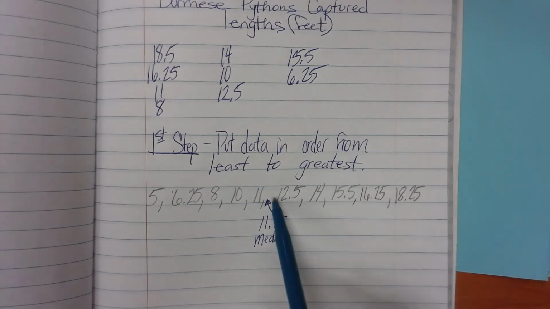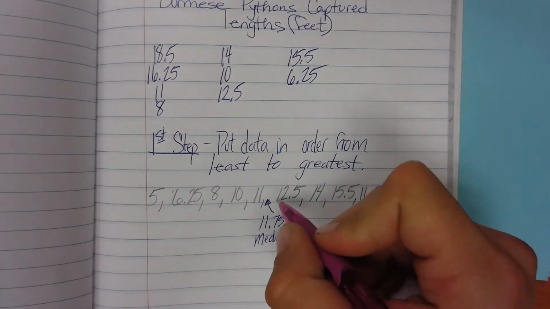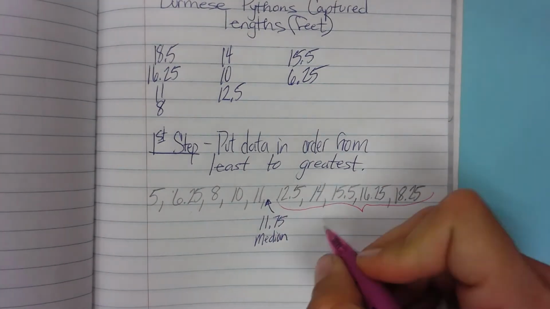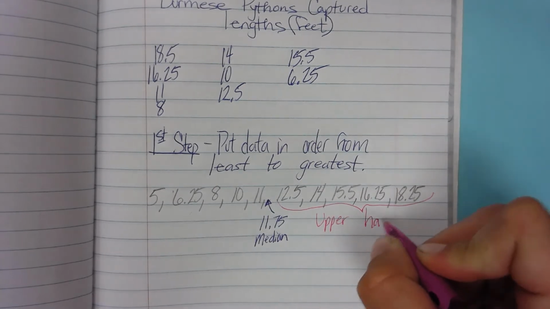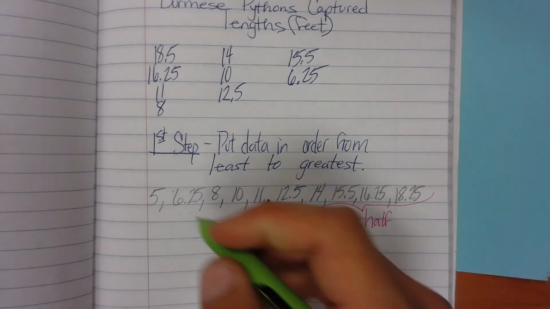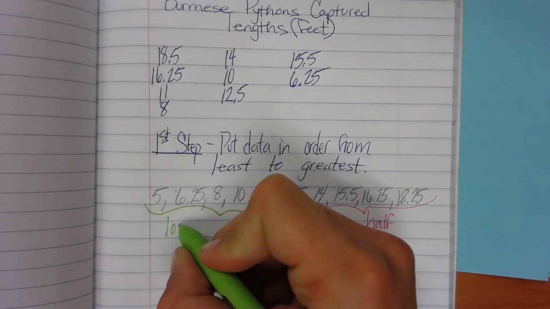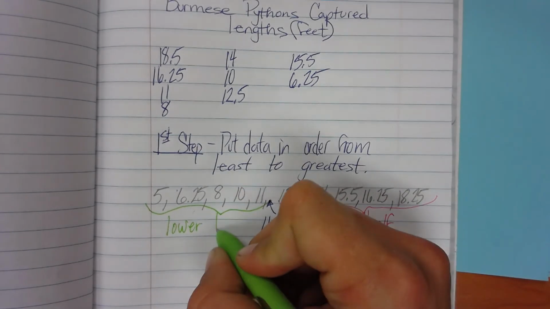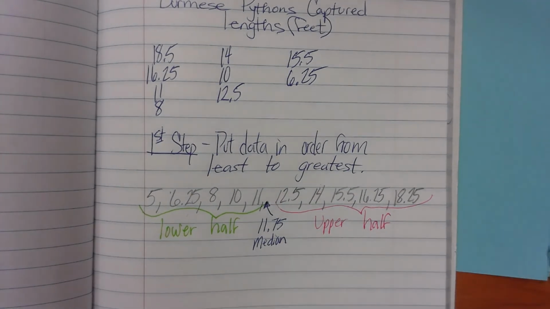That splits my data into 2 parts. These numbers are larger, so these are the upper half, and these numbers are smaller, so this is the lower half. You now need to find the median of the lower half and the upper half.